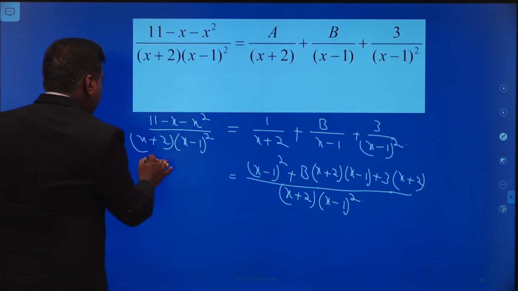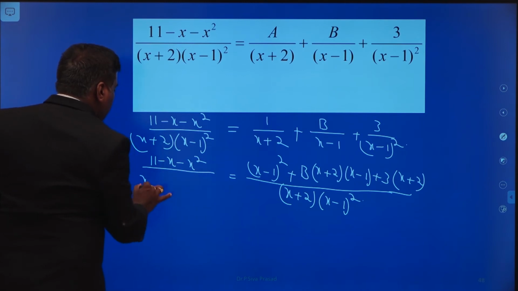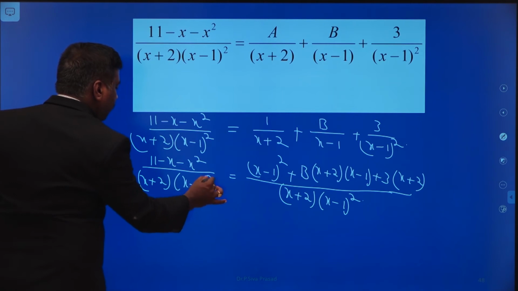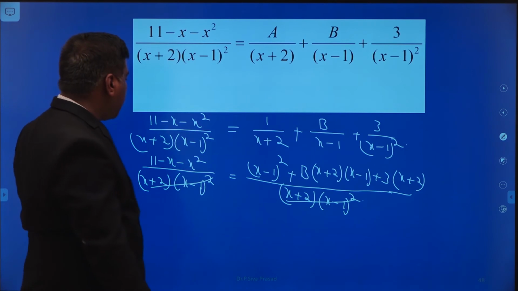Now this is (11 − x²) / ((x + 2)(x − 1)²). Here (x + 2)(x − 1)² on both sides are cancelled.